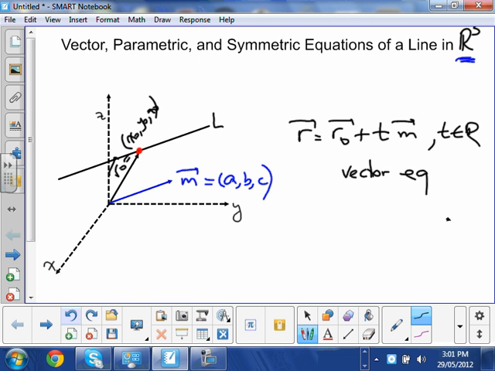How am I going to write my parametric equations? Well, R is nothing else but (x, y, z) equals (x0, y0, z0) plus t times (a, b, c).